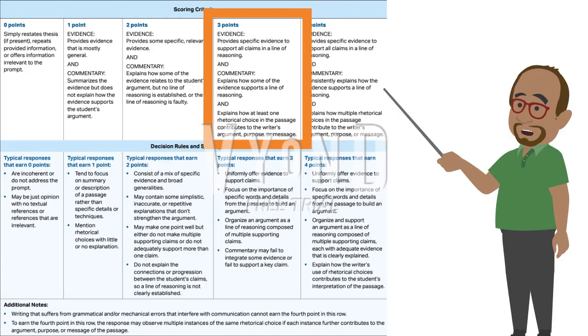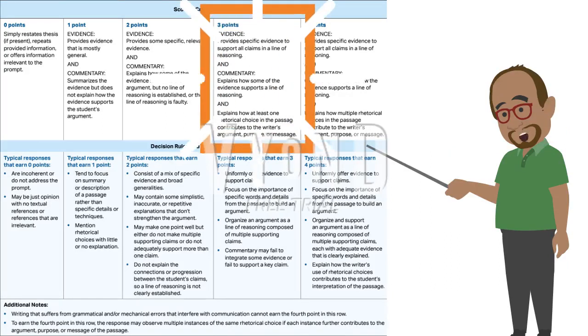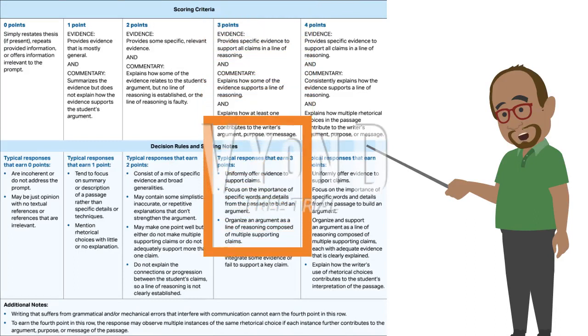To earn 3 points in this category, the student must provide specific evidence to support all claims. They must explain how the evidence supports their own thesis and build on their points to create a line of reasoning. And they must address how at least one rhetorical choice in the passage contributes to the author's overall purpose or message, in other words, the rhetorical situation as a whole. Essays in this category will offer uniform evidence to support all claims in body paragraphs.